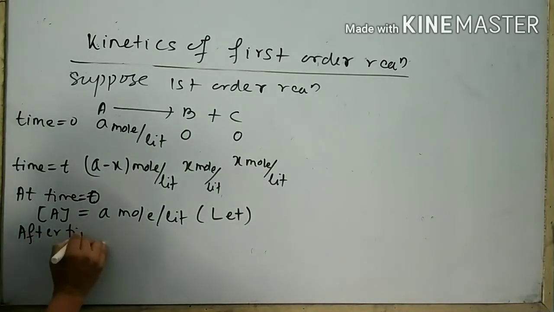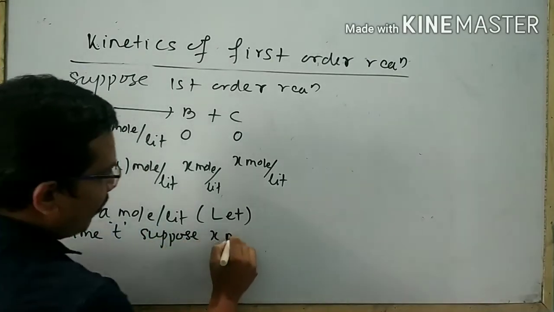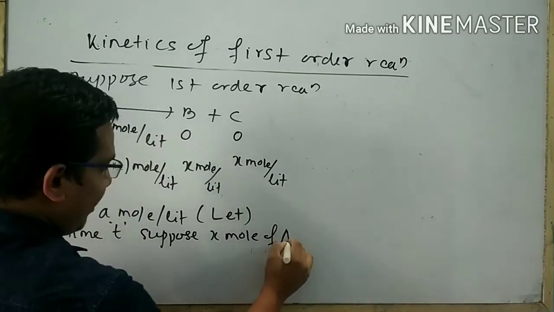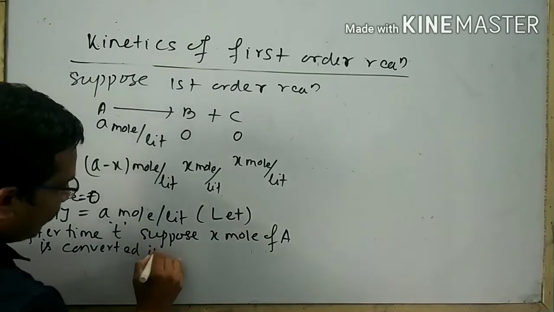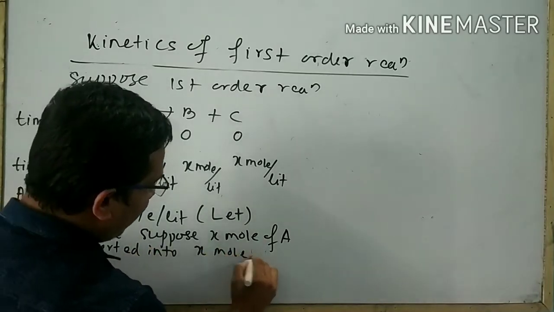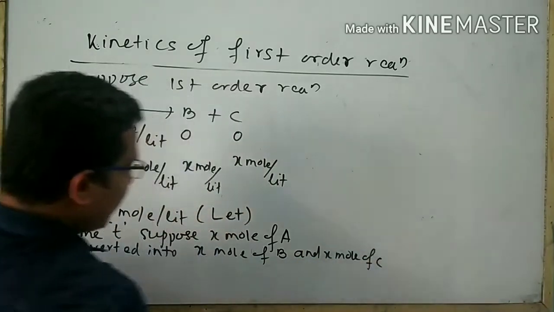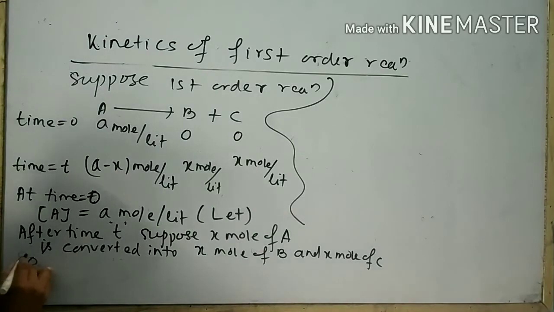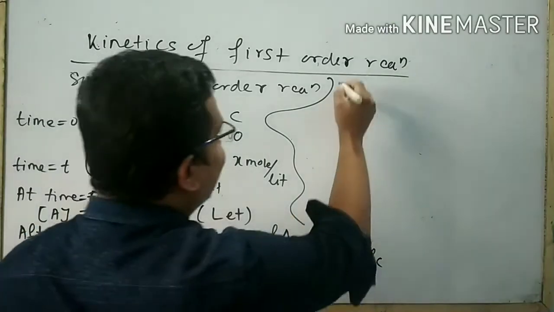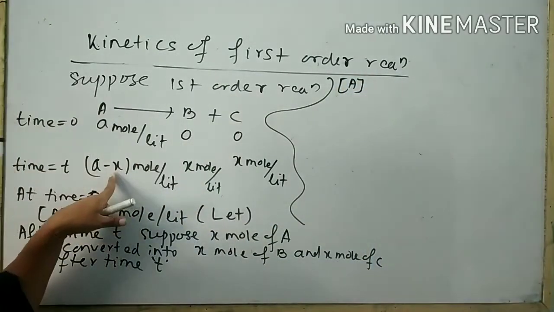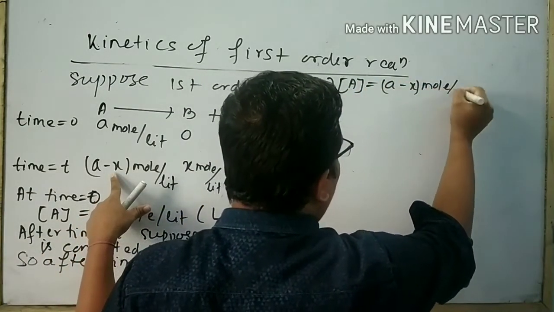After time t, suppose x moles of A is converted into x moles of B and x moles of C. So after time t, the concentration of A equals how much? a minus x moles per liter.